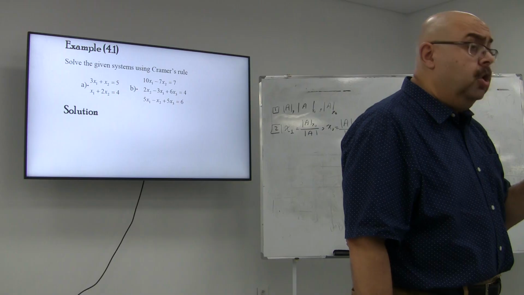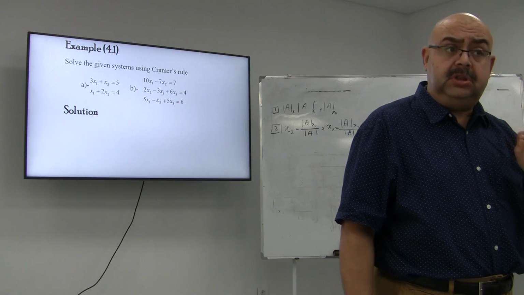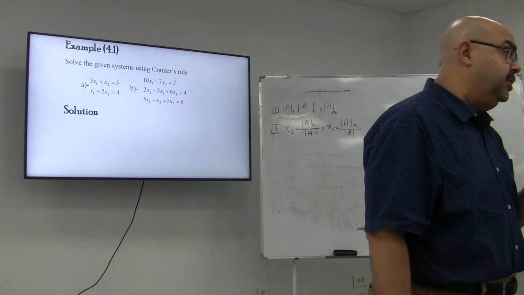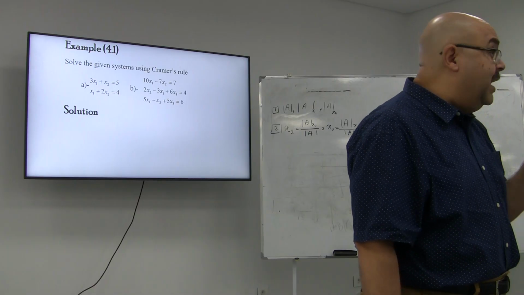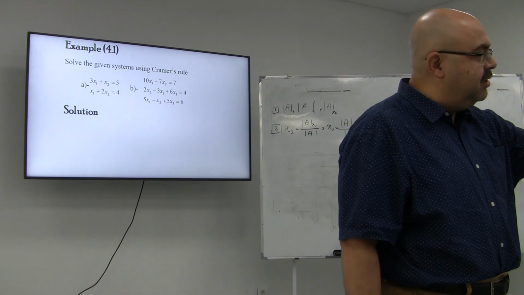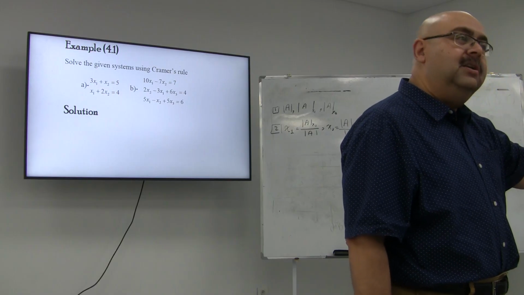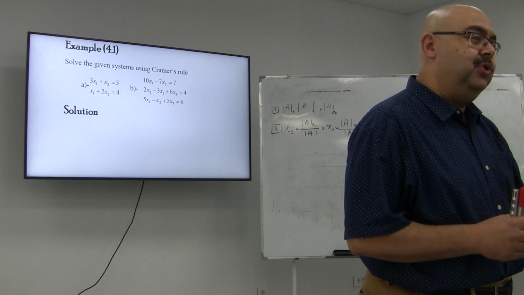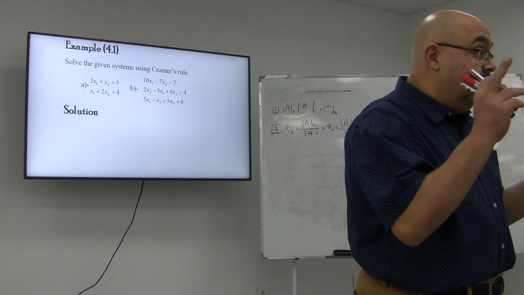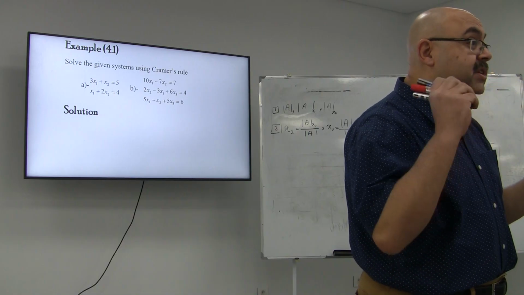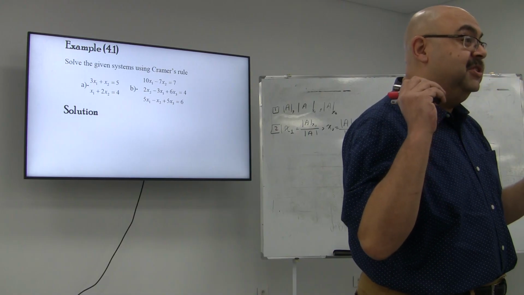Why? Because the coefficient matrix of a unique solution will not equal 0. Any matrix with a determinant equal to 0 is called a singular matrix. And for any singular matrix, first of all, it's not invertible. You can't get its inverse. This is number 1. And it's not going to develop a unique solution. So link these words with the systems of equations that we talked about in the previous lectures.